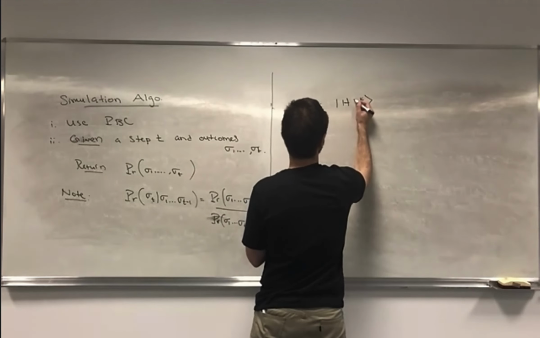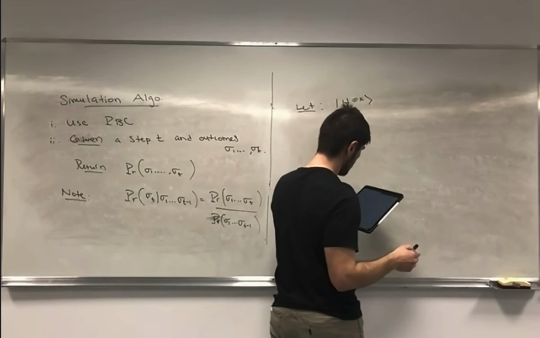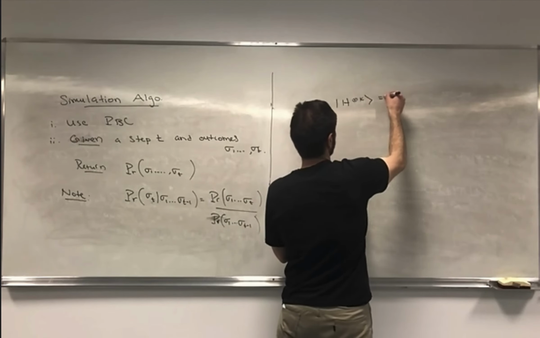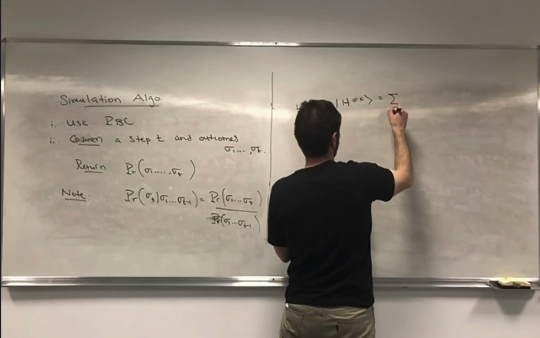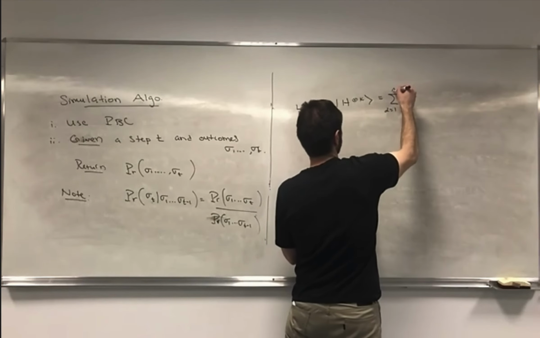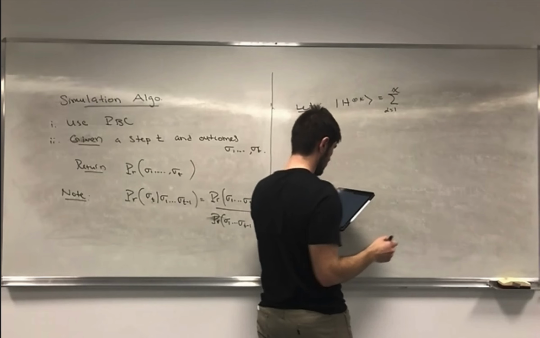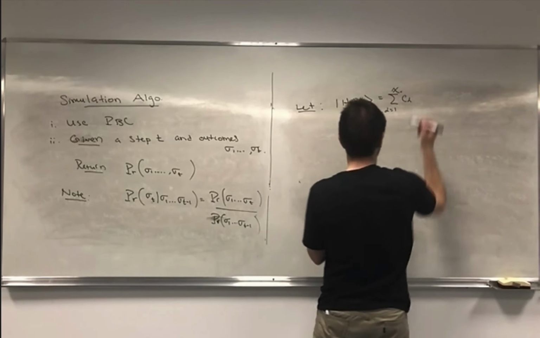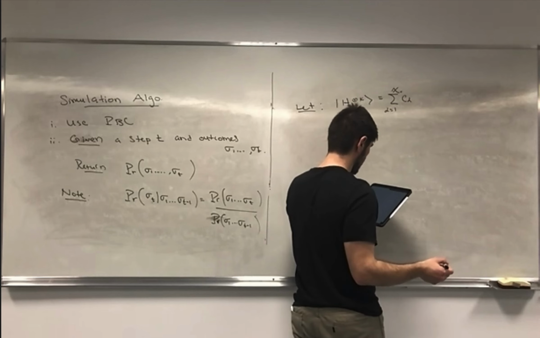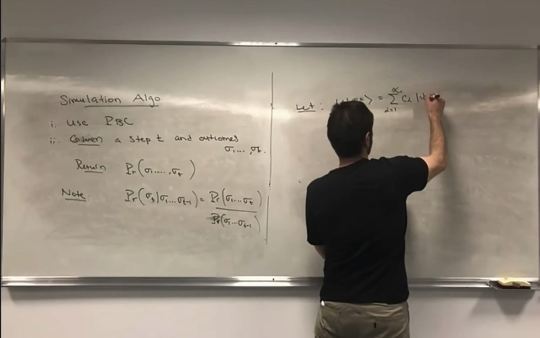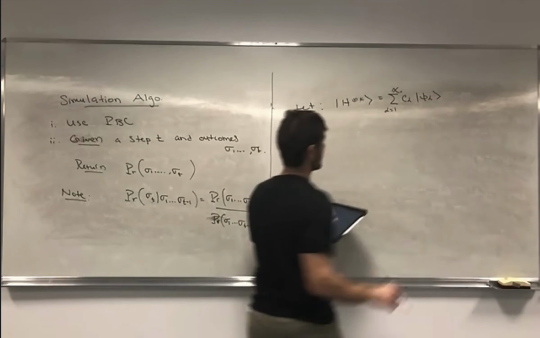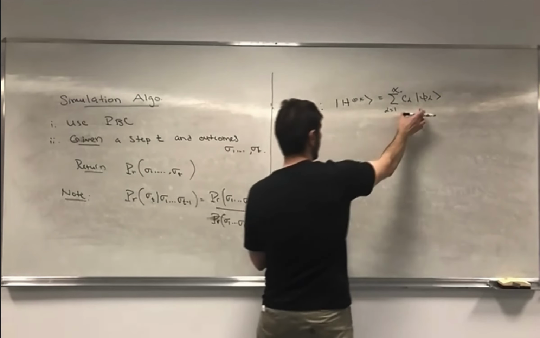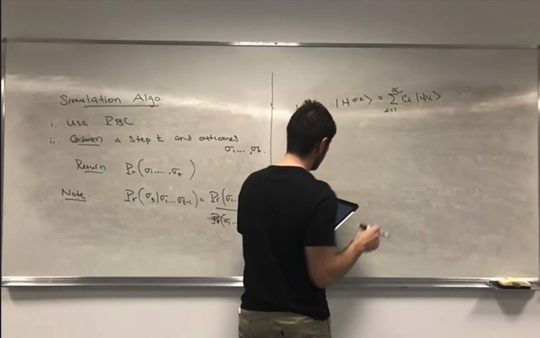Sorry. K equals alpha equals 1 to the stabilizer rank chi. I guess chi k if we want to be sticky about it. These are stabilizer states. Okay, so we have chi terms here.